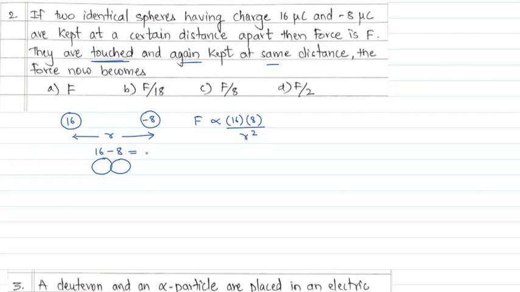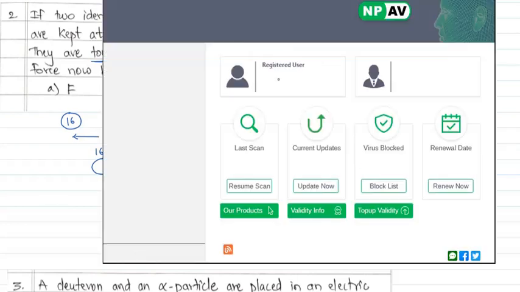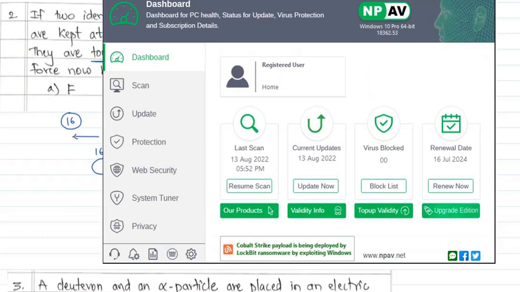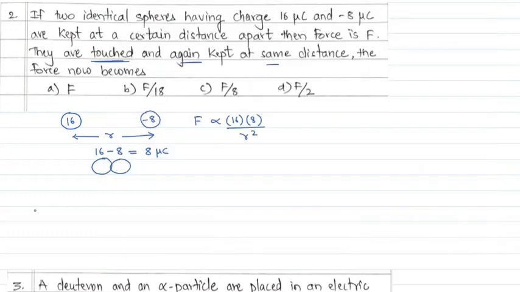So 16 minus 8, 8 remains, and this 8 microcoulomb is equally divided among both. So here you will have 4 microcoulomb, 4 microcoulomb. Distance is the same, again R.